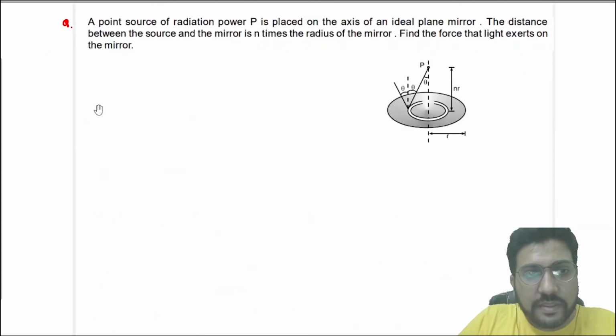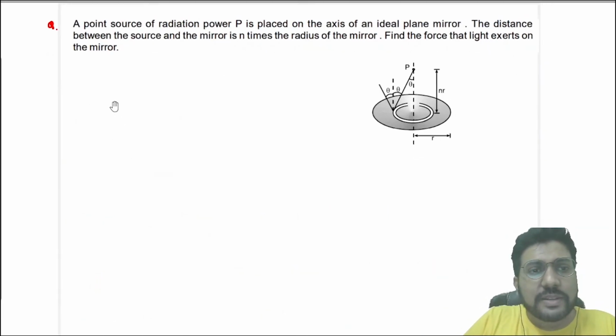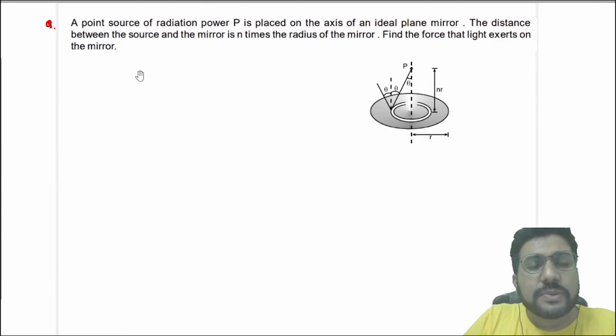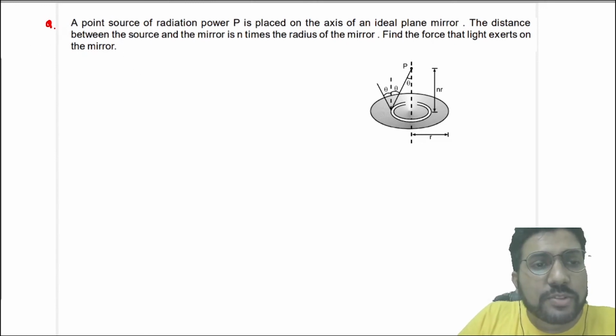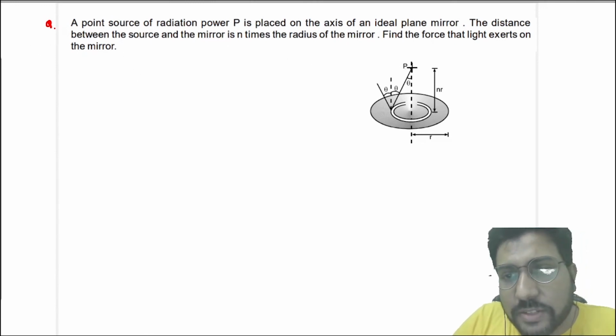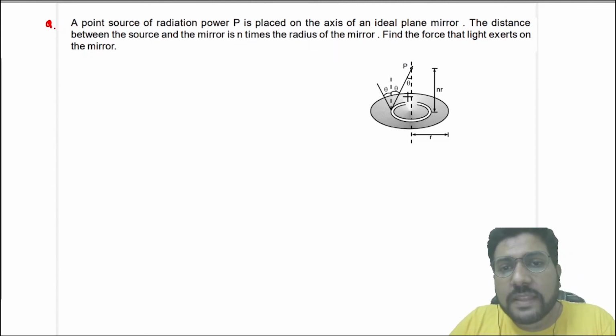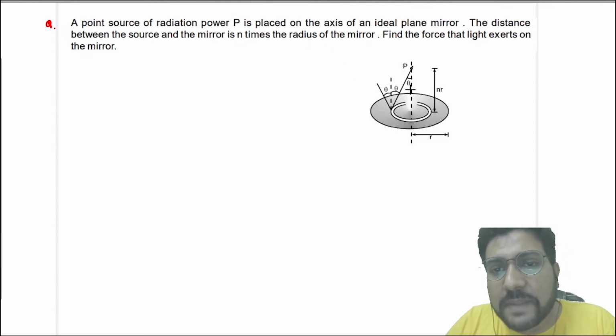All right, now let us look at this question. In this question it is given that there is a point source of radiation of power P, placed on the axis of an ideal plane mirror.